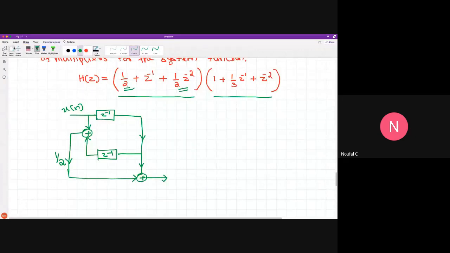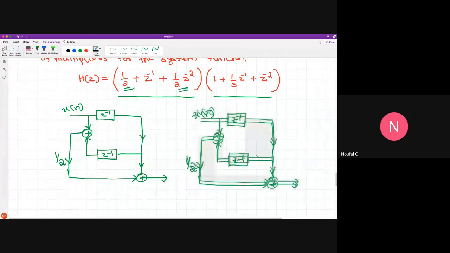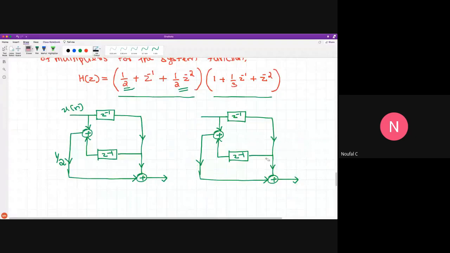Okay. Now what you can do is you just take the entire structure, then you take it to the right. Okay, and you do not need this x of n over here. Okay, and for the second polynomial you have different coefficients. So the first coefficient is 1 and 1, so this should be multiplied with 1, and z raised to minus 1 is multiplied with 1/3, so this would be 1/3.